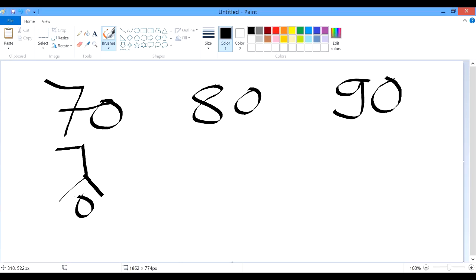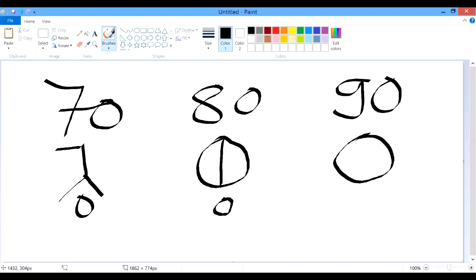And then 80, have a circle, and then one vertical line, and then 0. And 90, take a circle, and instead of a vertical line, you have a plus sign, and then 0. That is the 90.